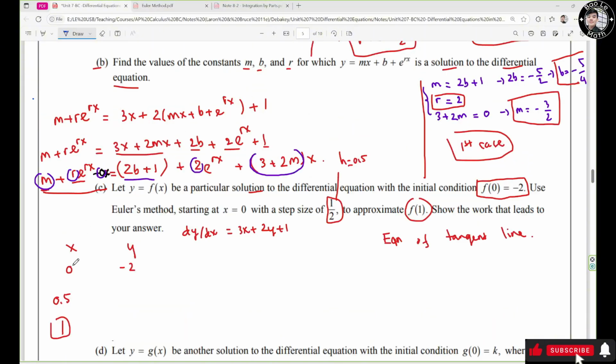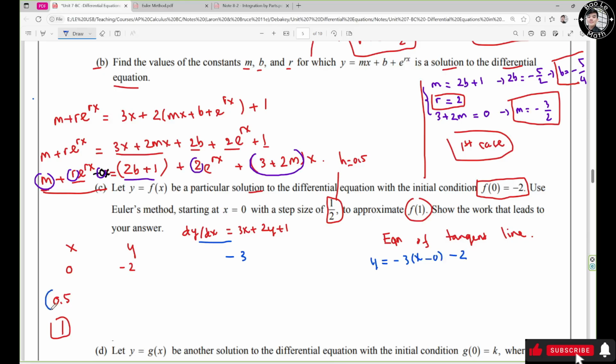Alright, now I need to substitute 0 for s and -2 for y into this equation right here to solve for dy over ds, right? So this guy turns out to be -3, right? And the equation should be y equals, the slope is -3 times s minus s1 plus y1, which means -2, right?